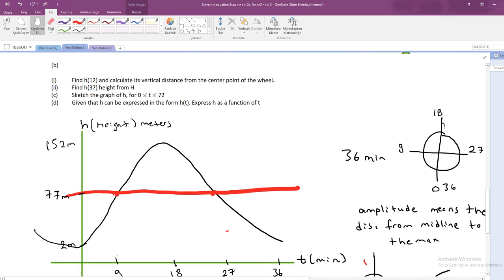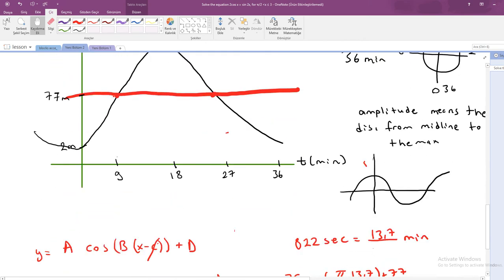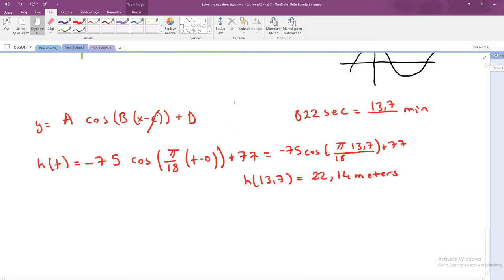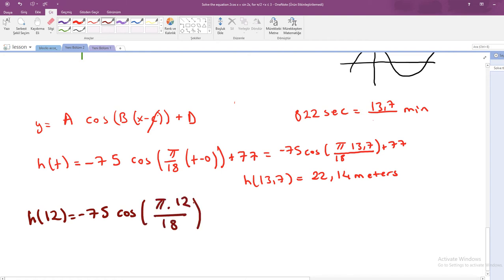This question is really good. So let's put 12. For 12, minus 75 cosine of 5 times 12 over 18, plus 77.